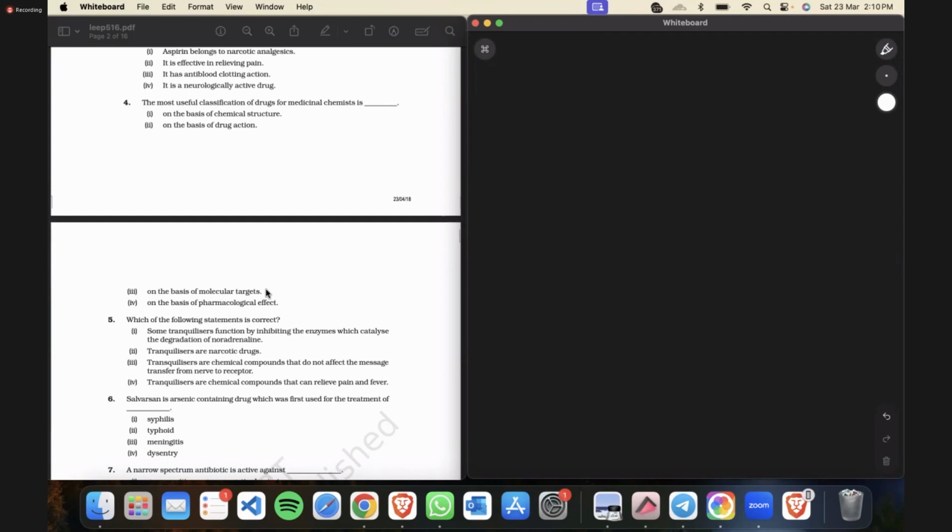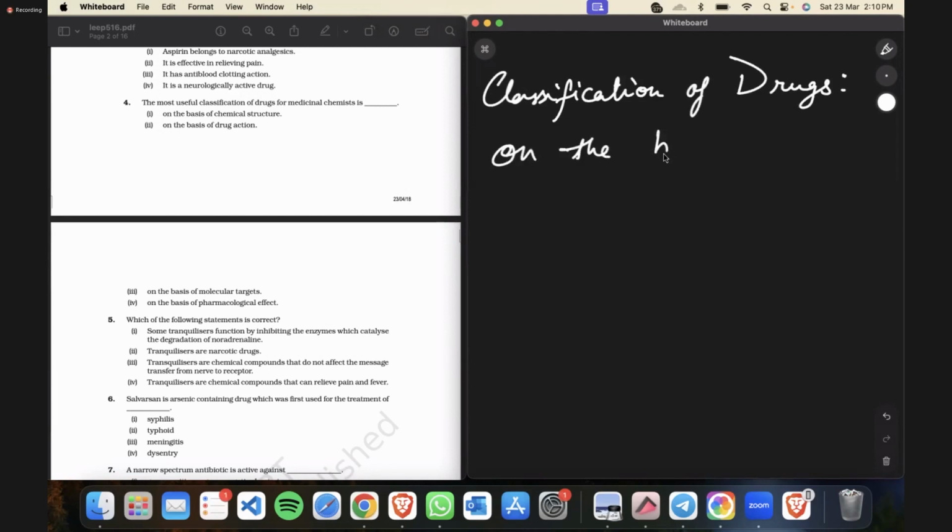The most useful classification of drugs is on the basis of molecular targets only.